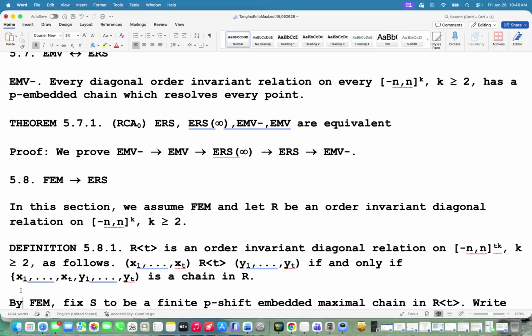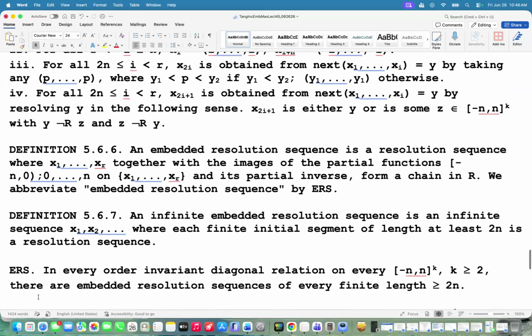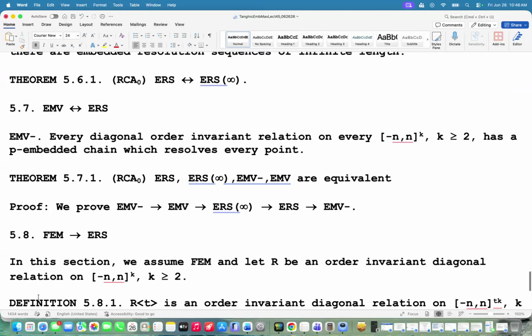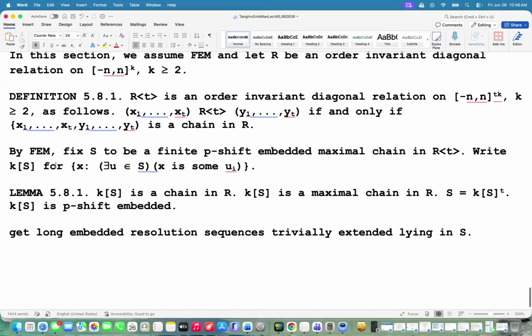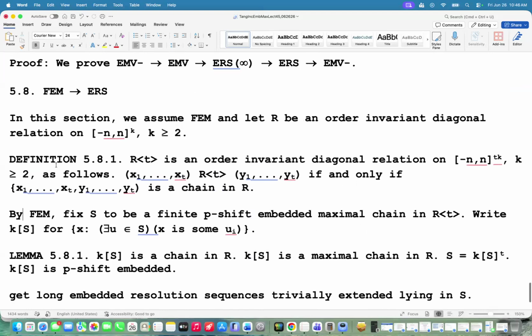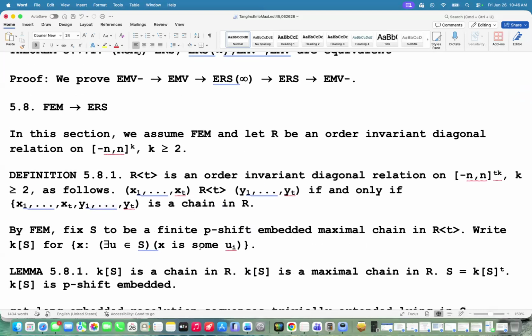In other words, x1 through xt is equivalent to y1 through yt if and only if when you put them together, you get a chain in R. So this is the chain construction.